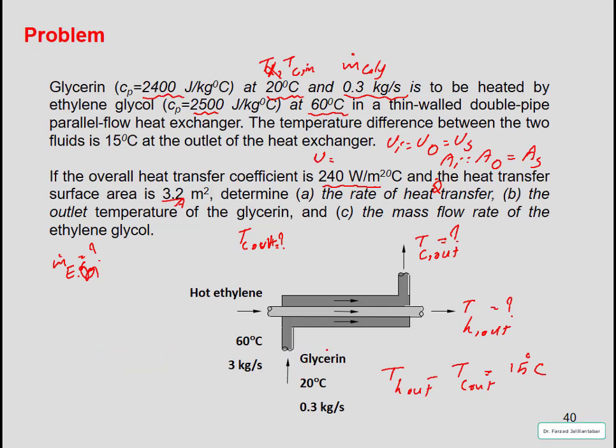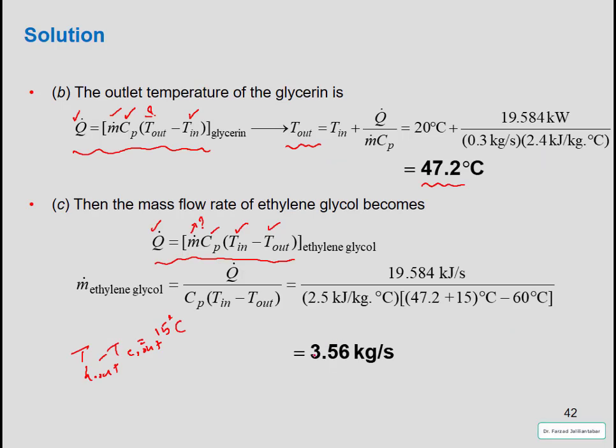So TC out is 47.2. Then TH out will be that plus 15. So this is the TH out, or T ethylene glycol out actually.